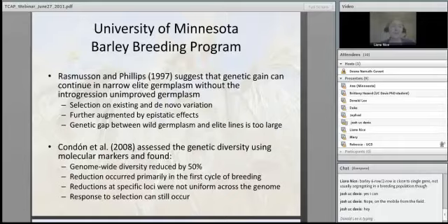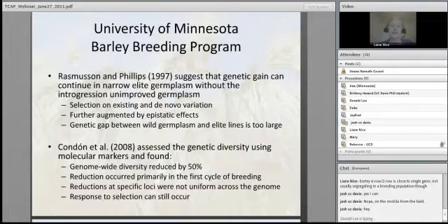So a couple more points about the Minnesota barley breeding program. In 1997, Rasmussen and Phillips published a paper that suggested that genetic gain could continue in this narrow elite germplasm without the introgression of unimproved germplasm.